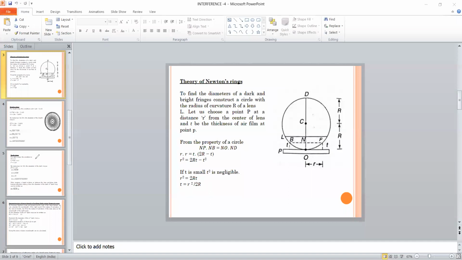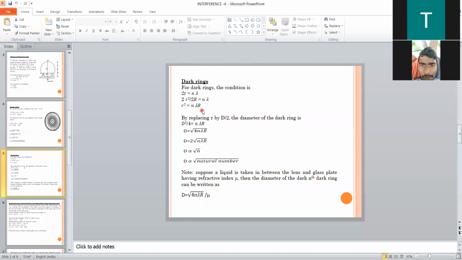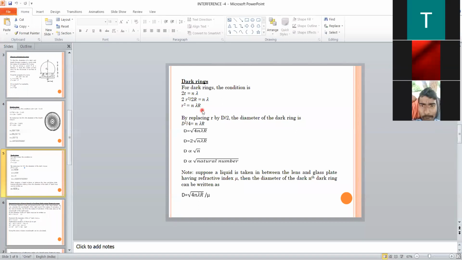Now substitute here t is r square by 2R. So here 2 are cancelled. Then r square by R, and also R on cross multiplying.